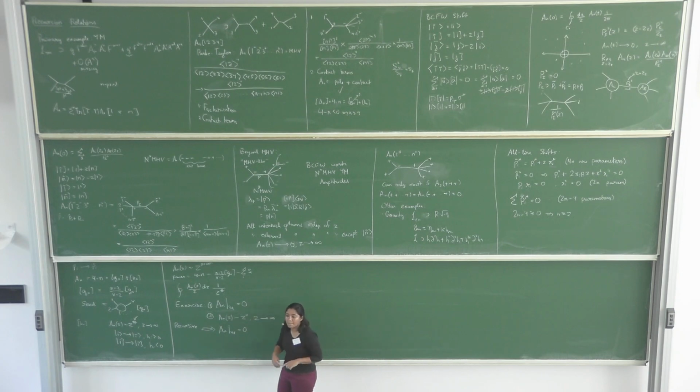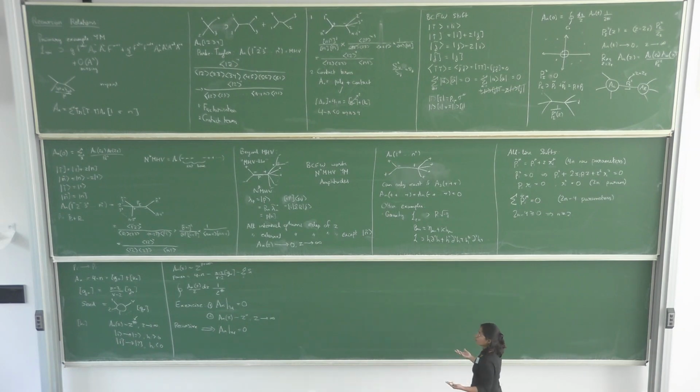So you are saying that for one particular theory, if I do a BCFW shift, it doesn't have good behavior as z goes to infinity, but if I do the all-line shift, it goes to zero at large z. Right, that might be the case.